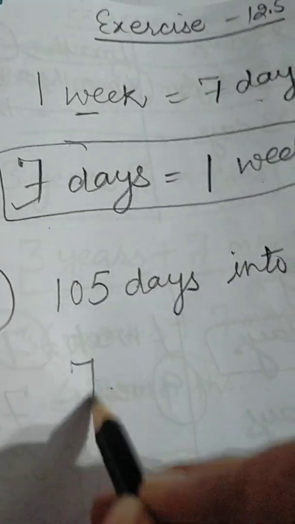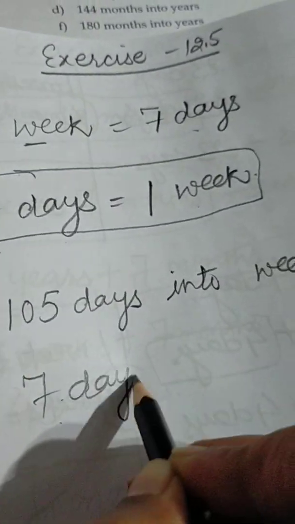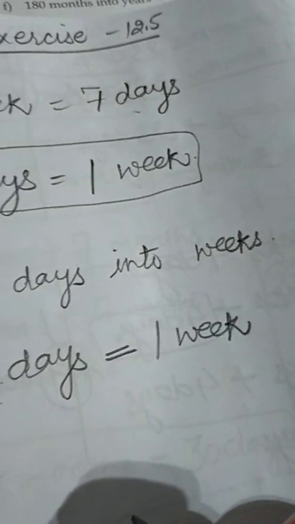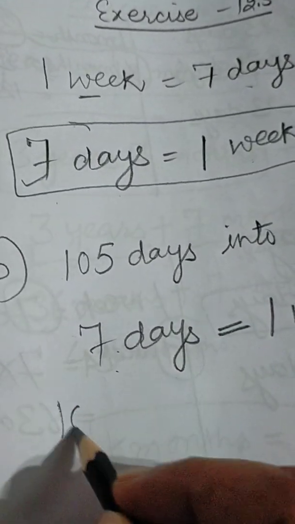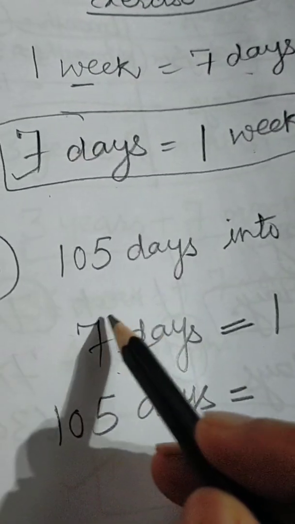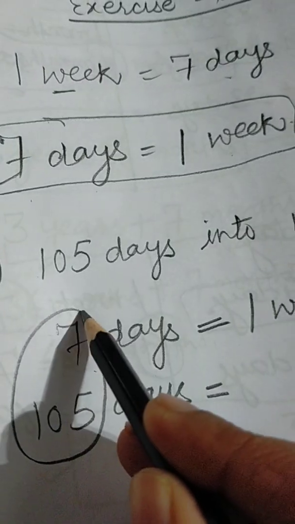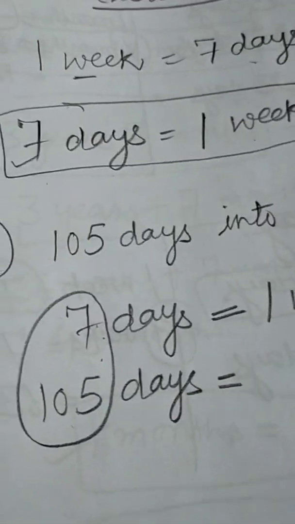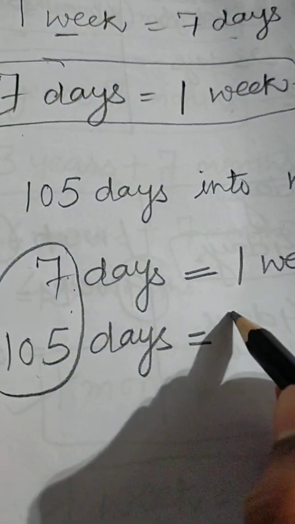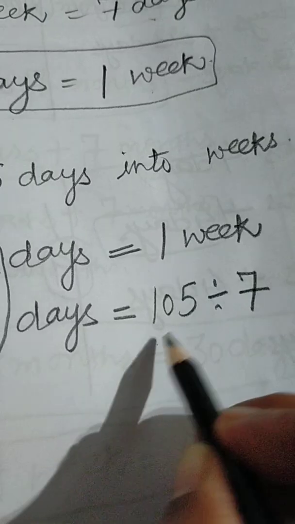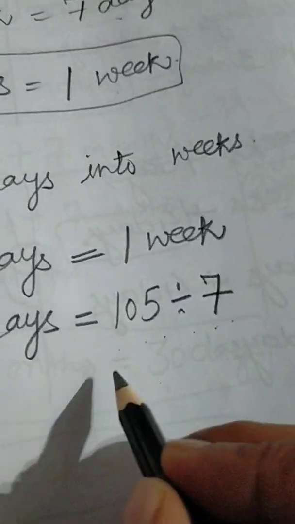Yes, 7 days is equal to 1 week, and 105 days is equal to, these both will be divided. While writing the division, how we will write? Bigger number divided by smaller number. Yes, 105 divided by 7.